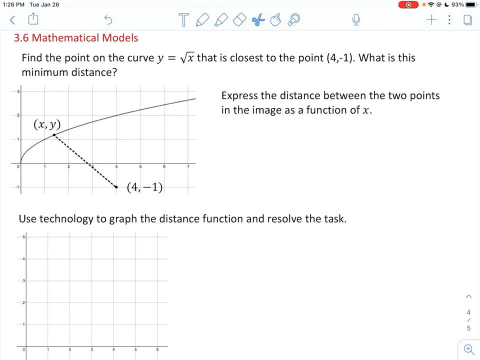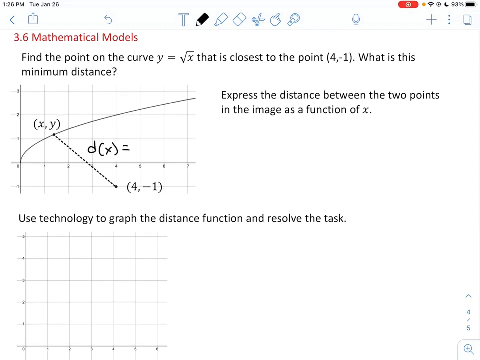And keep in mind that this one is arbitrarily located. So you have to imagine that point moving around the curve, and consequently this diagonal line would be shifting. And it's going to have different lengths. We want to figure out the function that tells us that length. And we want it to be a function of x.